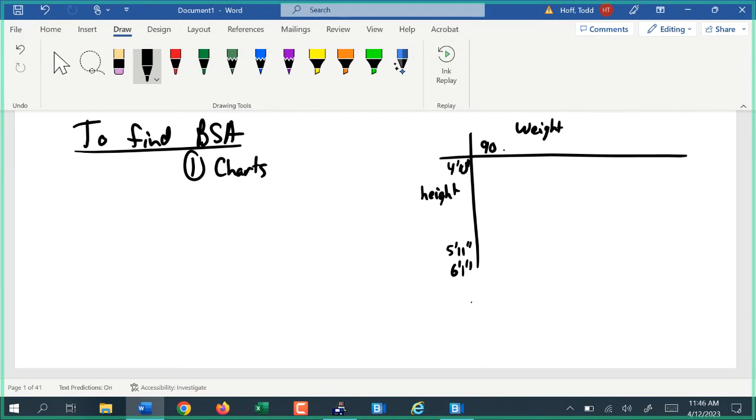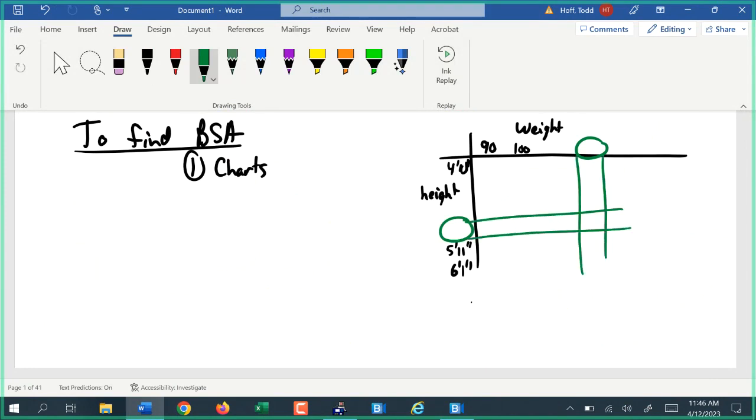They might have 90 pounds, 100 pounds. Notice height is going to be in 1 or even 2 inch increments. Weight would be 10 or even 20 pound increments along the top. And so you'd find the patient's weight, you'd find the patient's height, and you follow them. That would give you the body surface area for that patient. Very approximate because, again, both the height and the weight are going to be rounded to the nearest number just to save space on the chart.